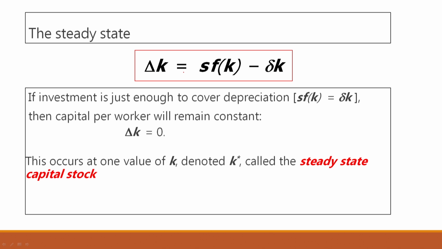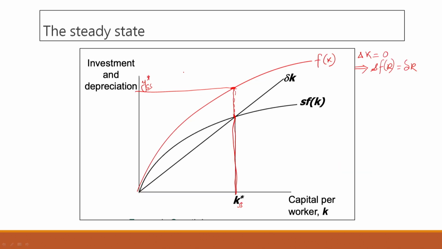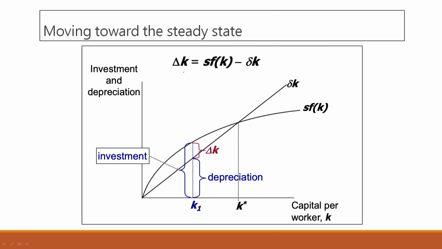Either way we have solved for k star, and since we know the production function, we should also be able to solve for y star. But then comes the question: where is growth occurring in this process? We do not see any growth occurring here, at least in this particular figure.